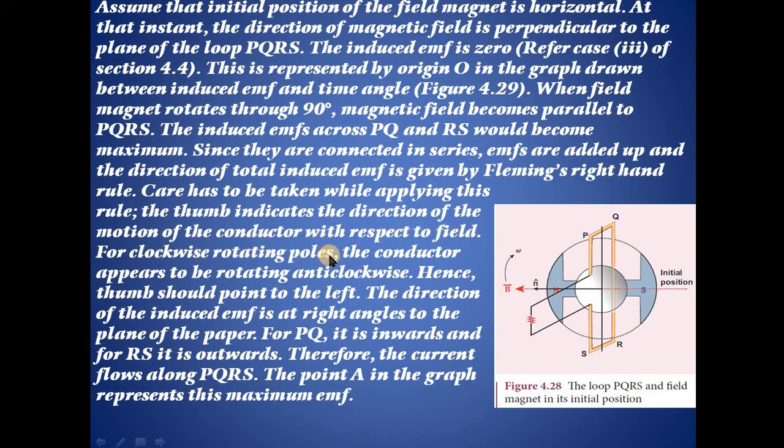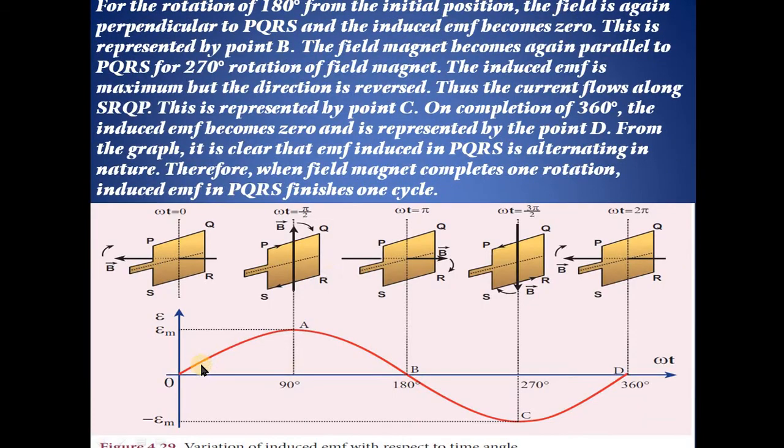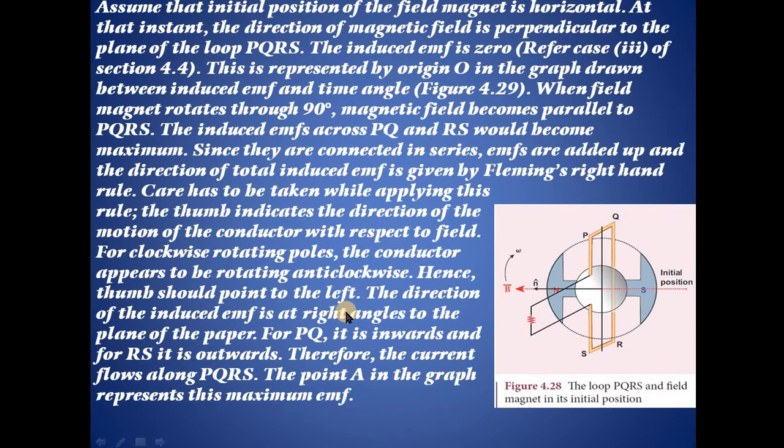For clockwise rotating poles, the conductors appear to be rotating anti-clockwise. Hence, the thumb should point to the left. The direction of the induced EMF is at right angles to the plane of the paper. For PQ it is inward and for RS it is outward. Therefore, the current flows along PQRS. The point A in the graph represents this maximum EMF.